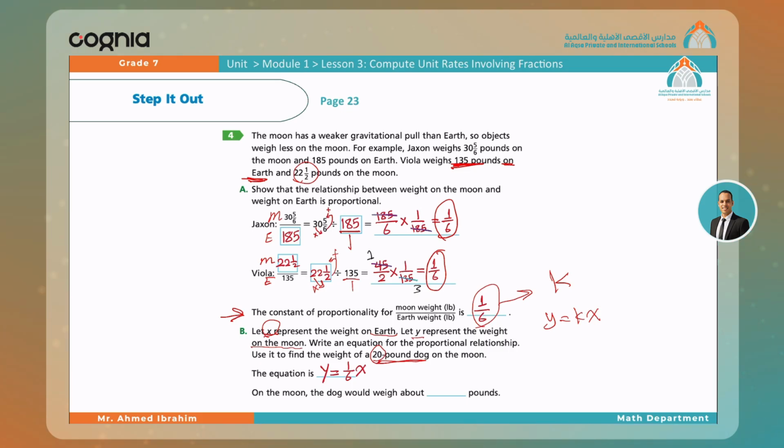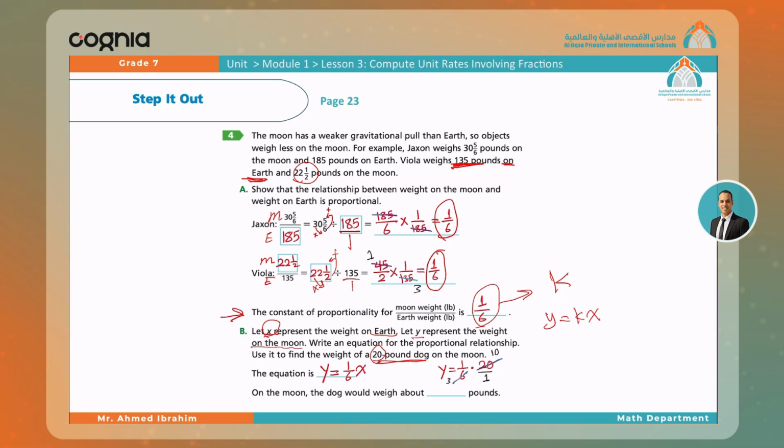And we need to find the Y. So Y equal 1/6 times X, which is times 20 here. So 1/6 times 20, which you can make 20 over 1. You can simplify the 6 and the 20 because both numbers can be divided by 2. So 20 divided by 2 is 10, 6 divided by 2 is 3.